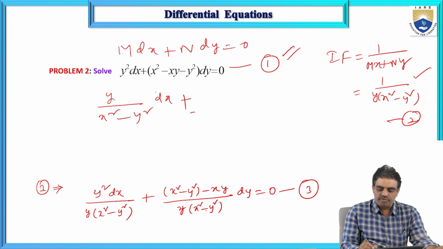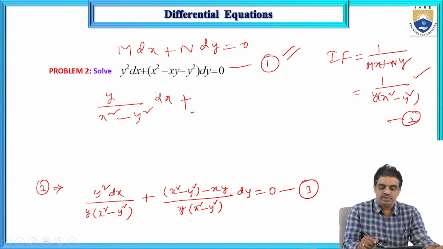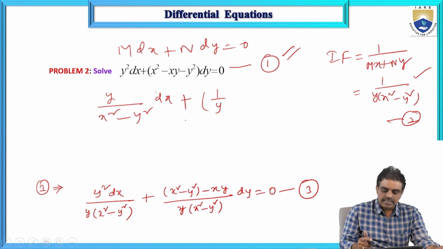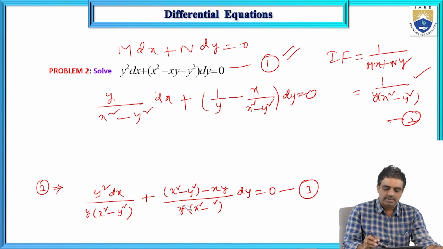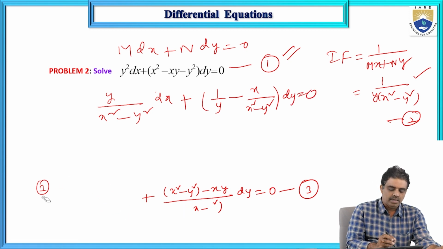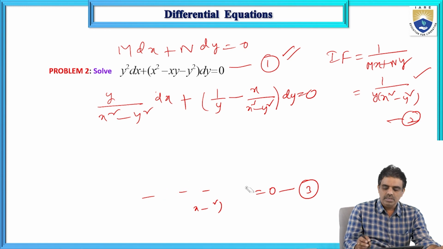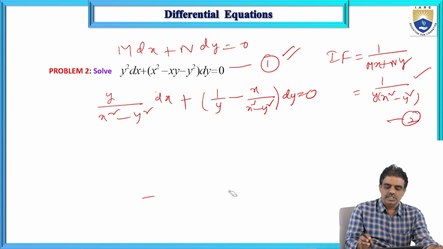For the second term, x square minus y square by x square minus y square gets cancelled, leaving 1 by y, and the second term is minus xy by this term, y cancels, so x by x square minus y square of dy is equal to 0. I have just simplified the equation, and on rewriting you will get this one.